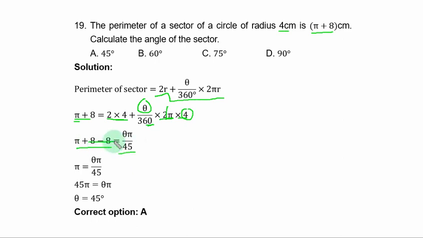These two become 0. You have pi equal to theta pi over 45. Multiply through by 45 to clear the fraction. You have it in this form. Pi cancels pi. You have theta equal to 45 degrees. A is the correct option.